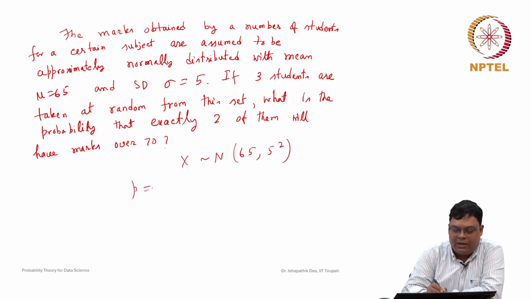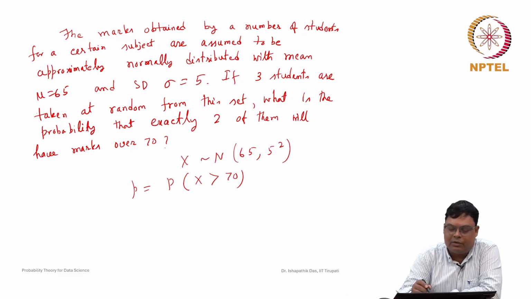Now, p is the probability that any student's marks are greater than 70. The question is: y out of 3 students taken at random, what is the probability that exactly 2.